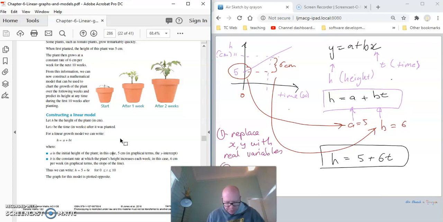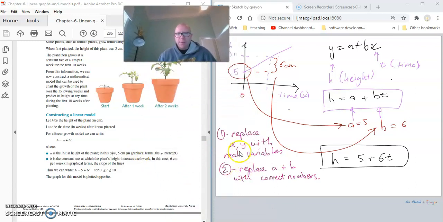And 2, replace A and B with correct numbers. Okay, and that's what we need to do. I'll just remove this so you can see that last little note. So replace X and Y with real variables, replace A and B with correct numbers, and that's how we end up with our equation.